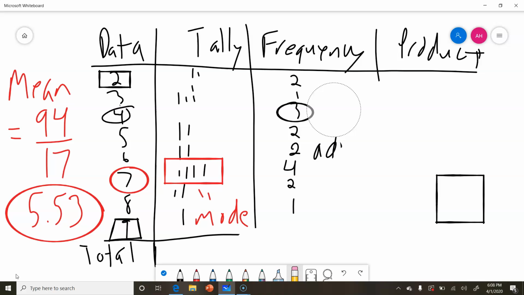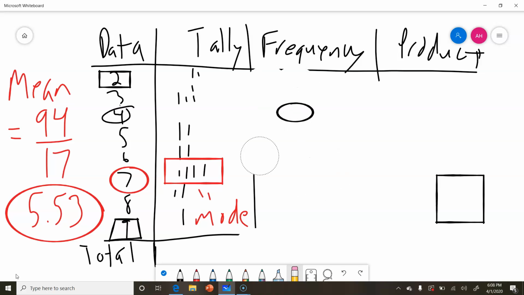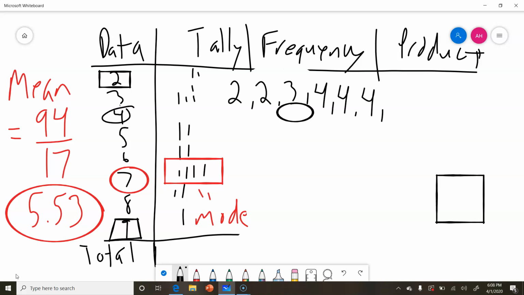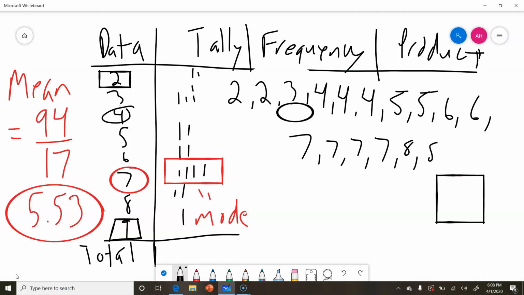Now, if we're going to find the median, again, we're going to have to add. I'm going to use this frequency chart to write out my numbers: 2, 2, 3, 4, 4, 4, 5, 5, 6, 6, and then 7, 7, 7, 7, 8, 8, 9. Now I have 17 of them.